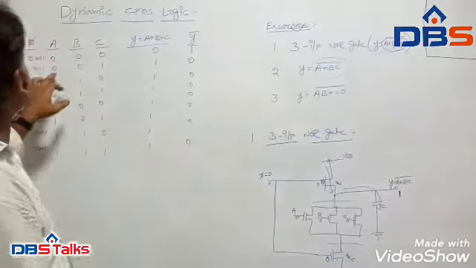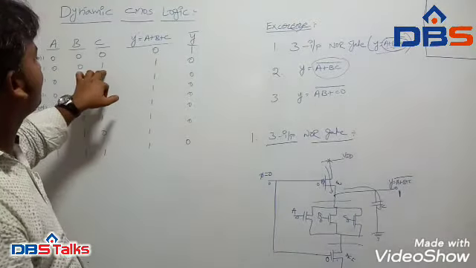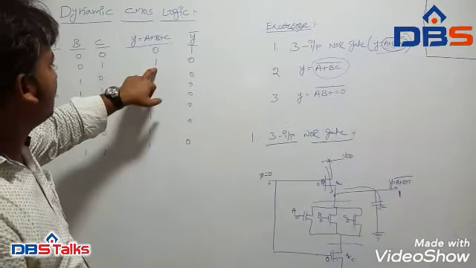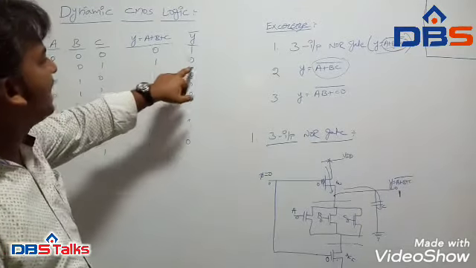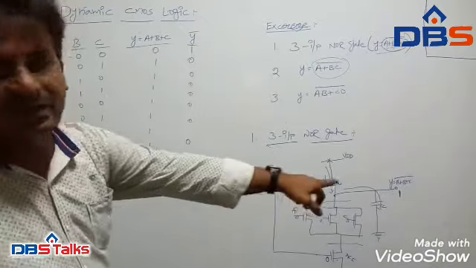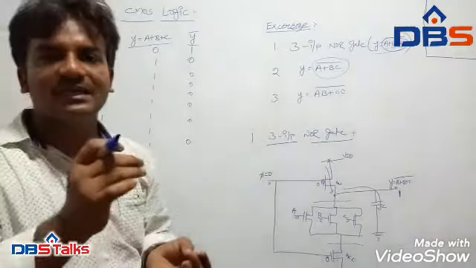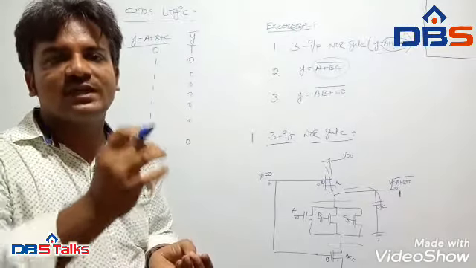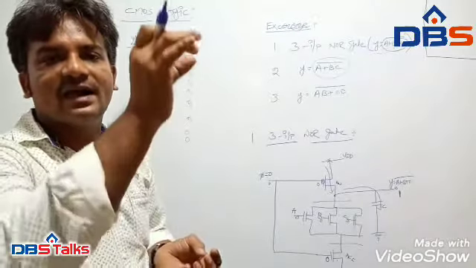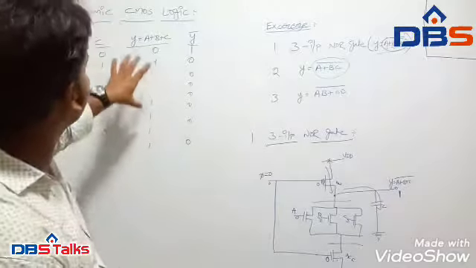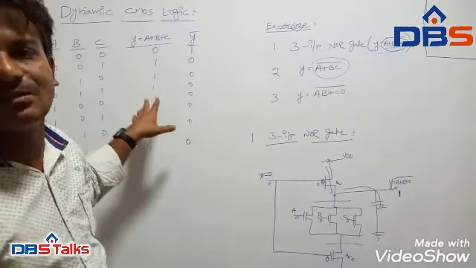So the second case is 0 0 1. For that case also the logic is 1. That means if you want to maintain a sequence for a long time or a definite time, we have to use dynamic CMOS logic.